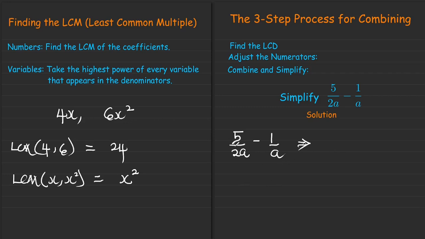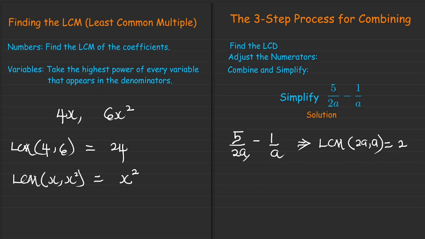Since our denominators are 2a and then a, we look for the LCM of 2a and a. If you look at it carefully, we have 2 as the coefficient of this one, and that of this one is just 1. So for the number side, the LCM becomes 2.